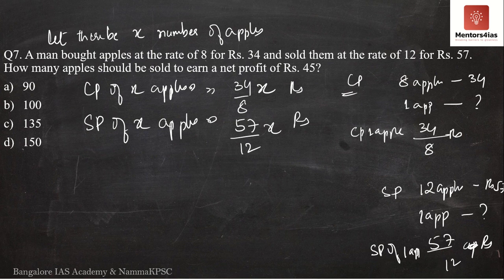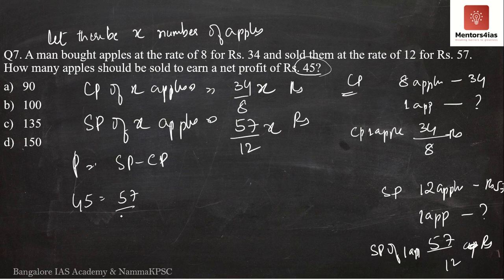Now the question says how many apples should be sold to earn a profit of rupees 45. Profit is nothing but selling price minus cost price. So we take profit as 45 rupees and subtract the cost price from the selling price.